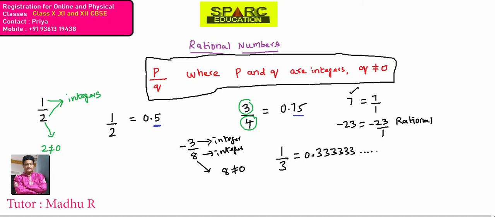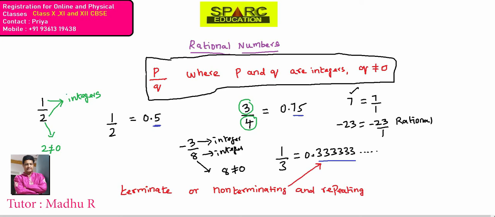So the digit 3 is recurring. In the decimal form, rational numbers either terminate or are non-terminating and recurring or repeating.